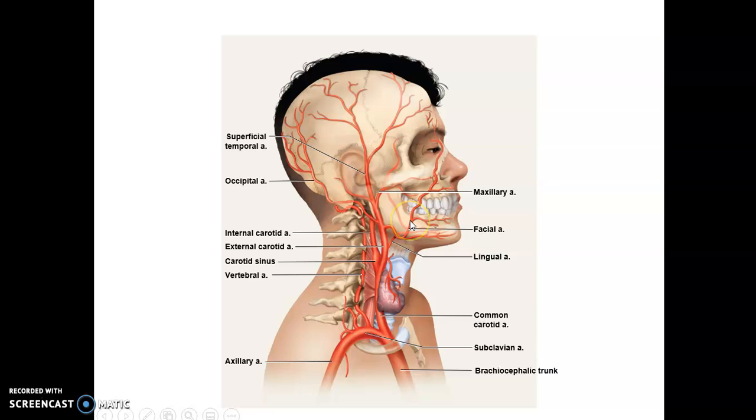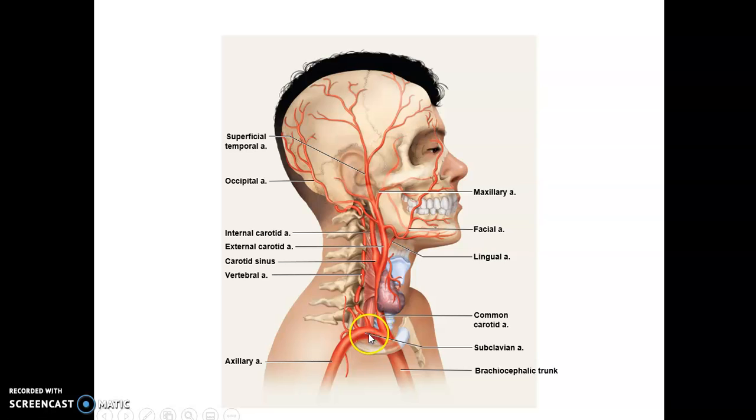From there, you have your facial artery. You have your internal carotid. You have your external carotid. You have your carotid sinus. You have your vertebral artery. Underneath your thyroid is your common carotid artery.